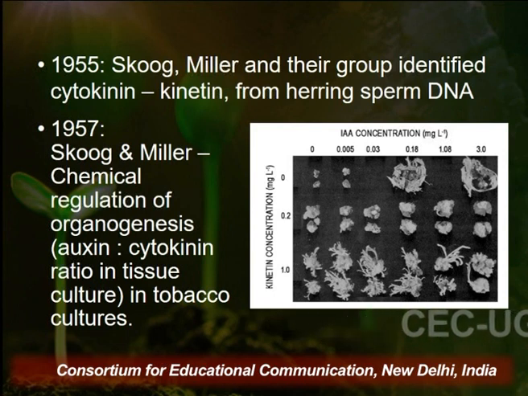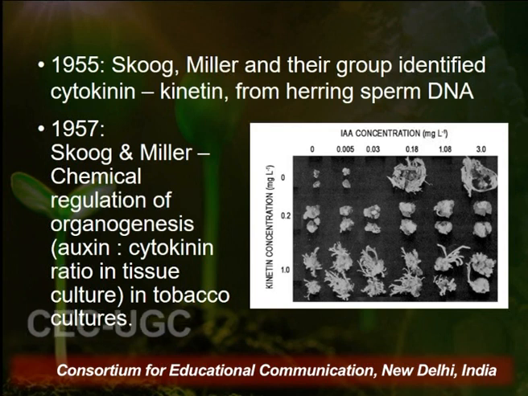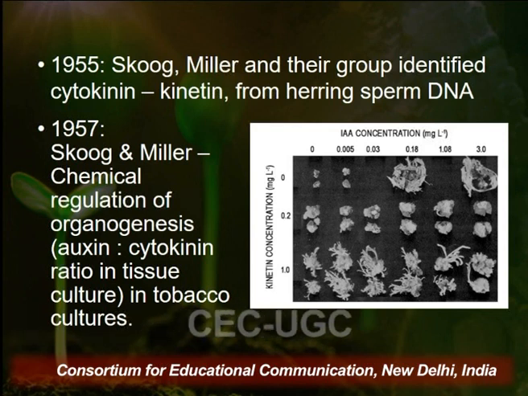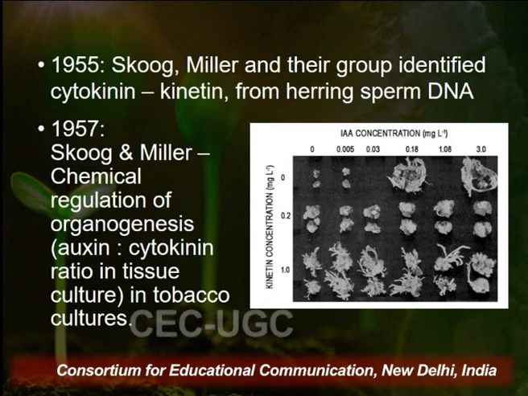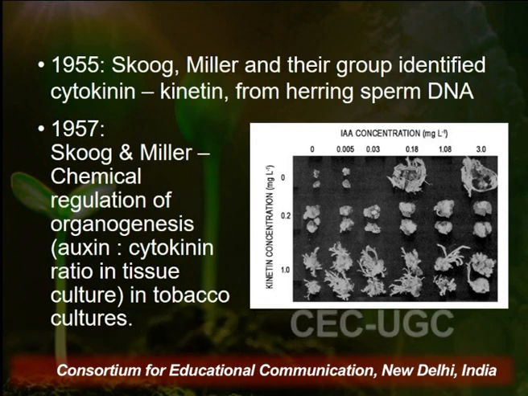Now this era of the 50s to 60s also witnessed attempts at commercialization of this technique, and Pfizer was the company that initiated the use of the plant tissue culture technique for the production of secondary metabolites from the plant.